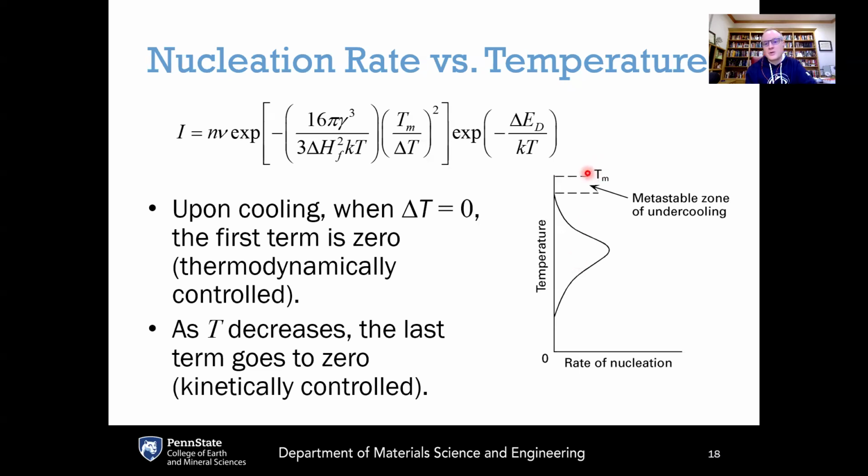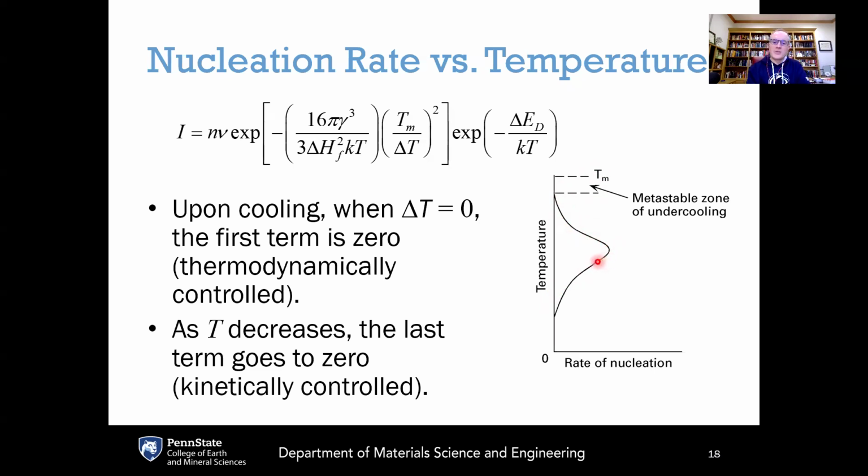So the further that we cool below Tm, the greater the thermodynamic driving force for nucleation, and that leads the nucleation rate to increase. But then it goes through a peak and then turns around and the nucleation rate decreases. And what's happening there is the contribution from the kinetic factor. So the nucleation rate initially increases as we lower the temperature because it's got a greater thermodynamic driving force.